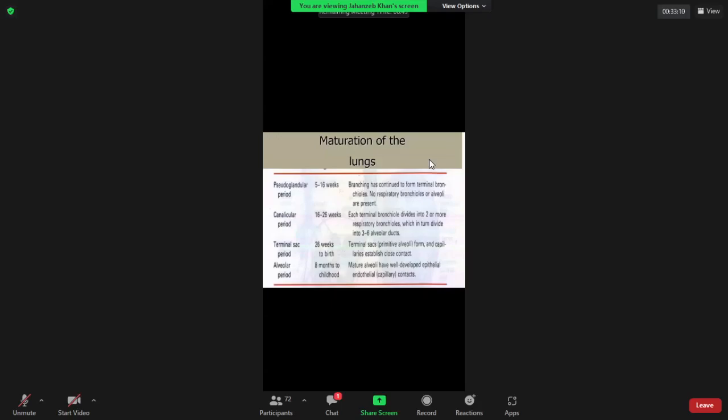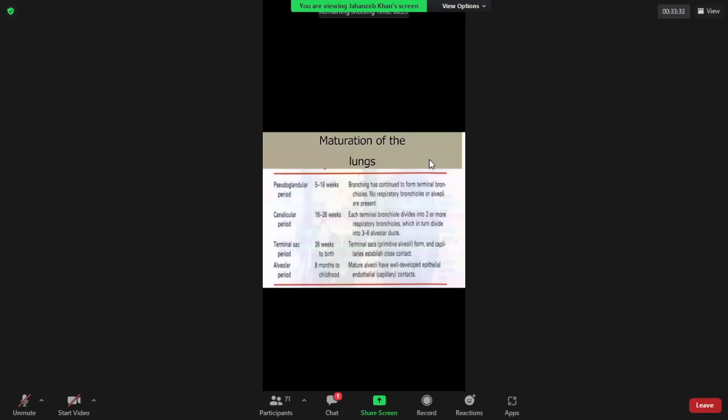And this breathing continues if the alveolar period is there. So the continuous development of the alveoli and the alveolar sacs occurs. It goes on till the age of like 8 to 10, and after 10 this alveolar period also stops.